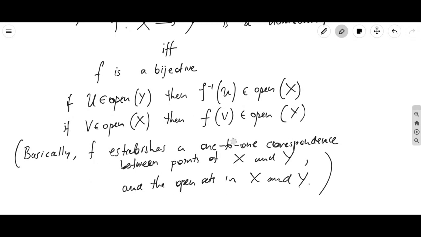So the function establishes a one-to-one correspondence between both of them. So it's a bijection between these two and a bijection between these two. If something is open in Y, you can pull it back to be open in X. And if something is open in X, you can push it forward to be open in Y. So it kind of goes back and forth. And so it's essentially the exact same space. It's just written in a different language.